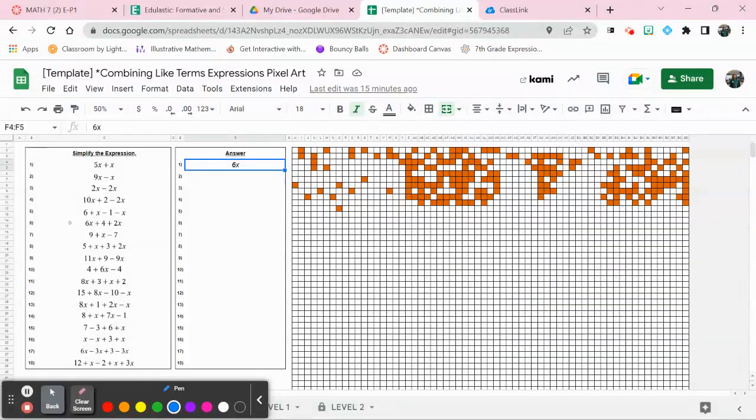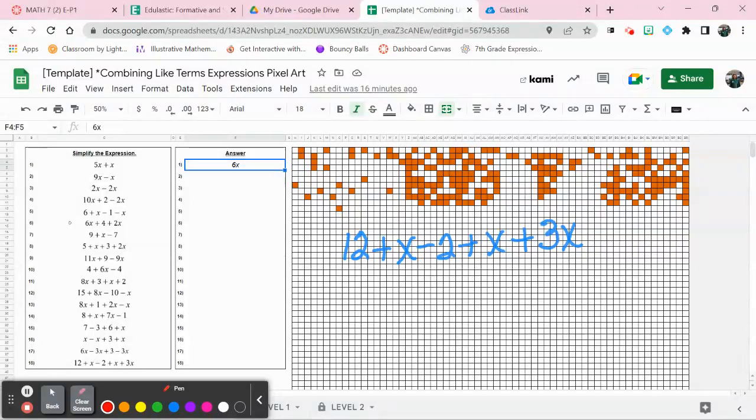I'm going to do 18 real quick, and then I'm going to look at a couple on level 1 and 2. So 18, 12 plus x minus 2 plus x plus 3x. So I'm going to go through, change my subtraction to adding the opposite, or change.